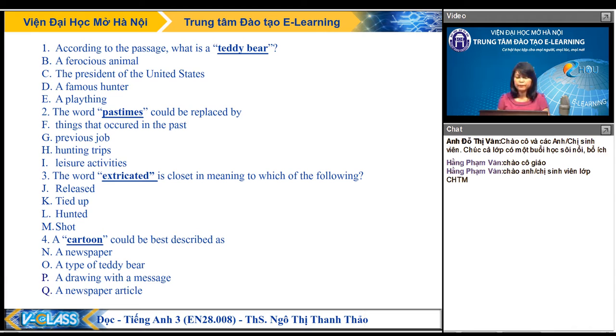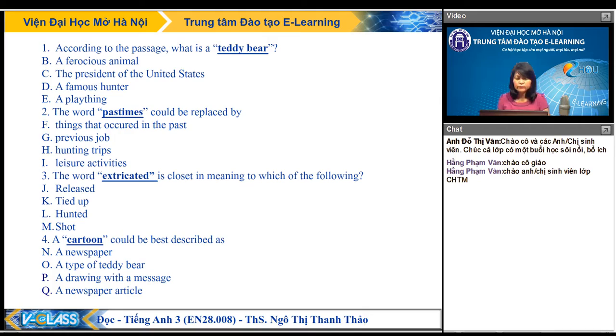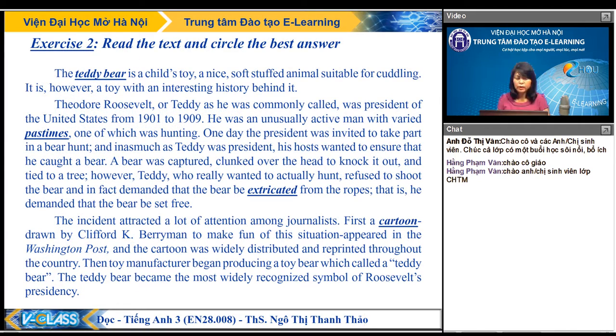Okay, well done. Now compare your answer. Please look at number 1 here. According to the passage, what is the word teddy bear? What is a teddy bear? So teddy bear is a plaything. Why is it a plaything? Just come back to here and I will give you the clue here.